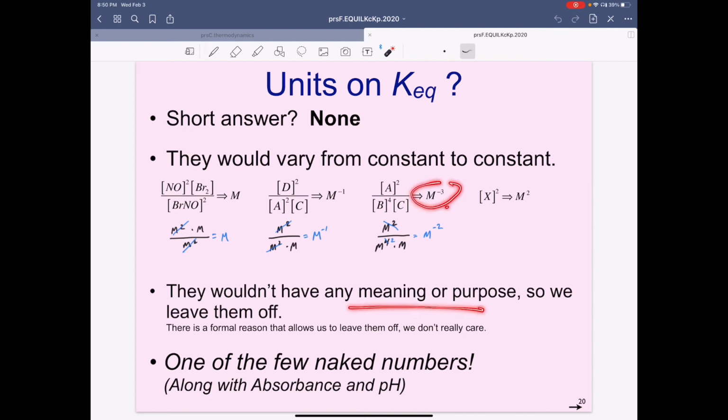After all, what is a 1 over molarity cubed? We don't really know what that is, so we're going to leave the units off. And this is one of our few naked numbers. We've already seen that absorbance does not carry any units, and later we'll work with pH, and those do not carry units. That's because these are logged values, and the log of a unit doesn't really make any sense.